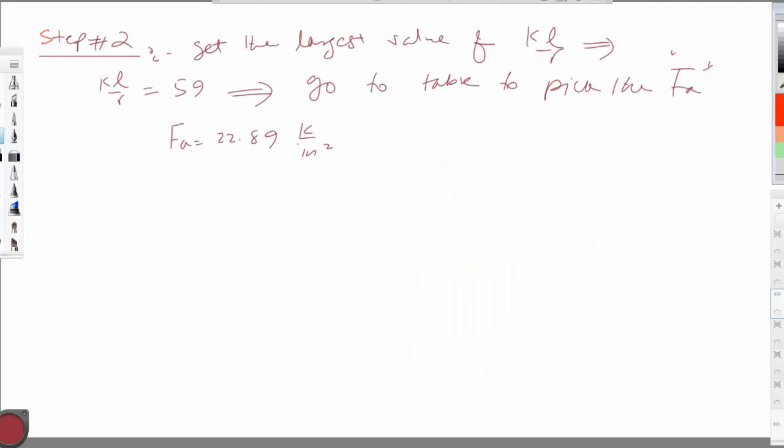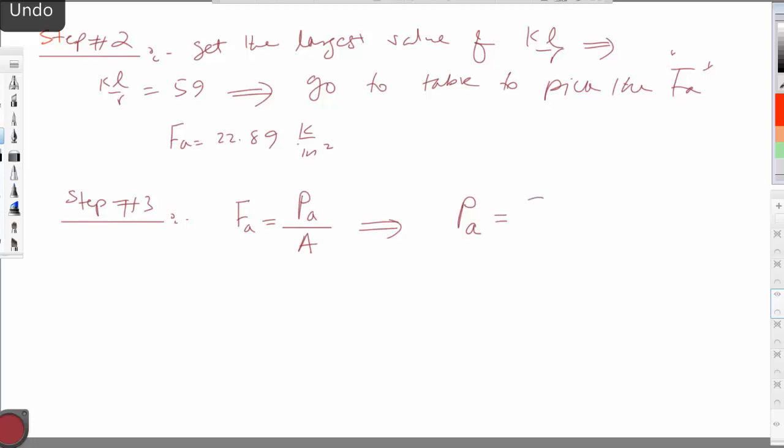Now step number 3 is straightforward. Just apply this equation: FA, the maximum allowable axial stress, is equal to the maximum allowable axial load divided by the cross-sectional area. From this, because we'd like to calculate PA, it is equal to FA multiplied by the cross-sectional area.